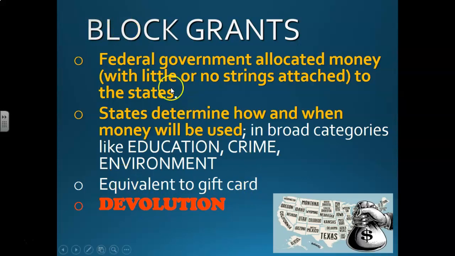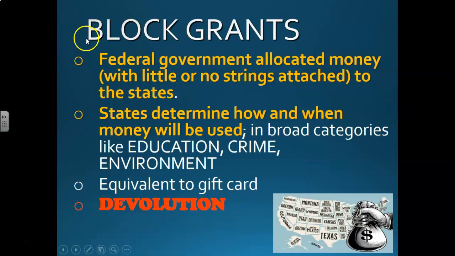So if you think of a block grant like a gift card, if you get a gift card to, say, Deerberg's, you can go buy a steak or you can go buy Gatorade, kind of like a block grant, whereas a categorical grant is more like a coupon. You can only use that for a very specific item, and that's because categorical grants are very specific.